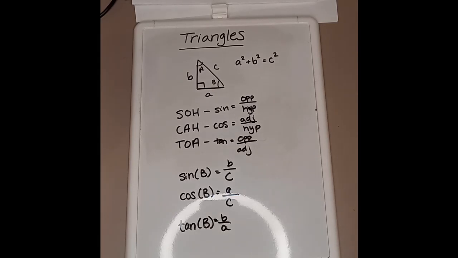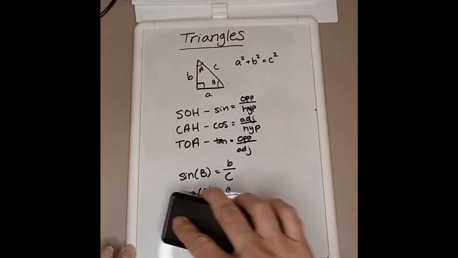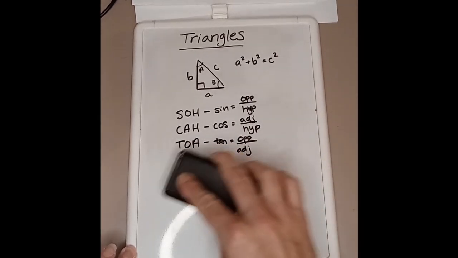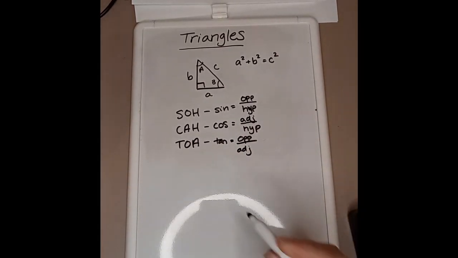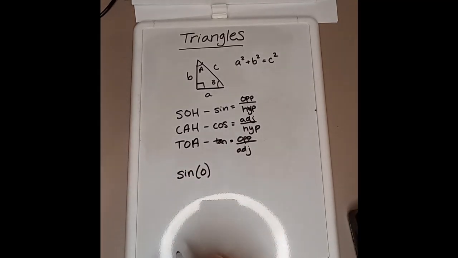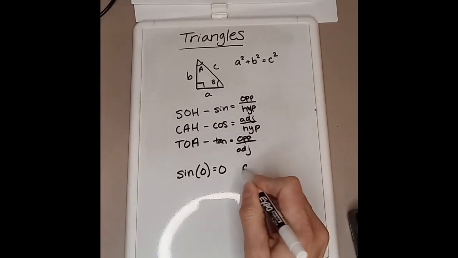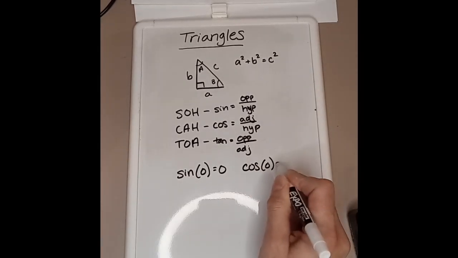And just briefly, some of the easier, more useful numerical values here are things like the sine, if your angle is 0, is 0. The cosine of 0 is 1.